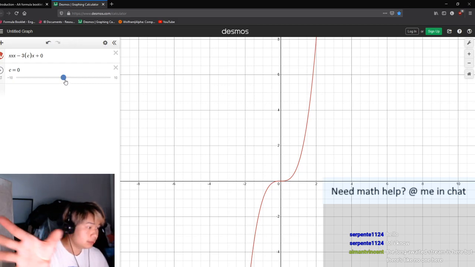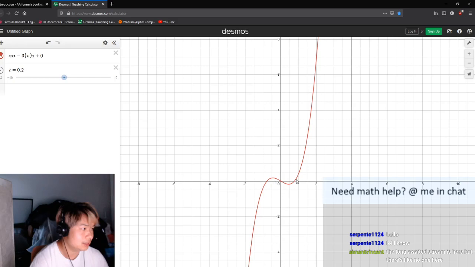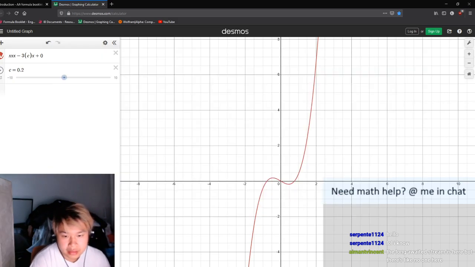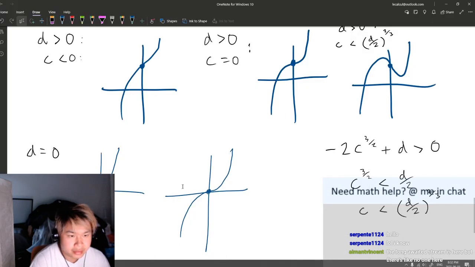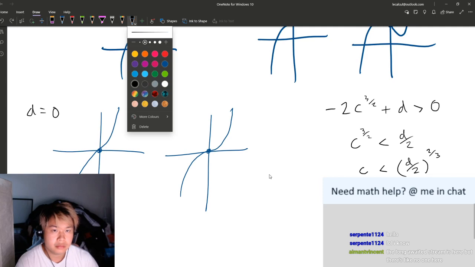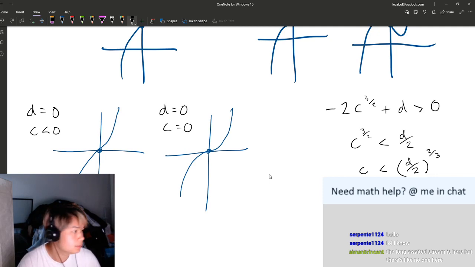And then as we rotate past this point, you're going to have 3 x-intercepts, because that's just how it works. So that is another 2 situations when D is 0, you can have C be negative, or you can have it be equal to 0 as well.